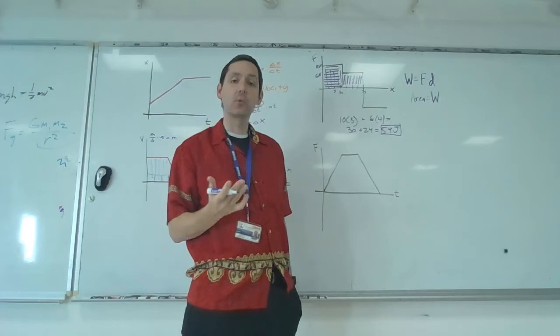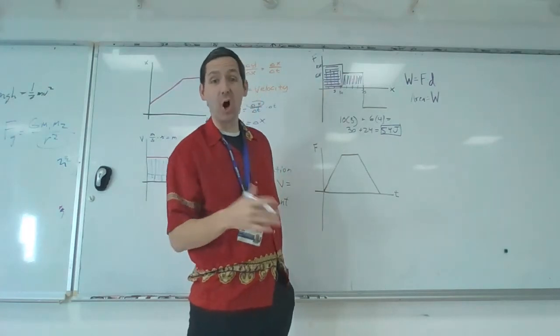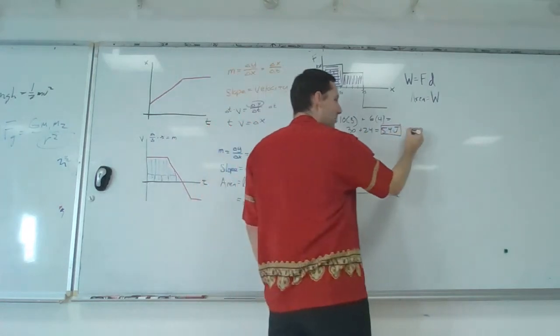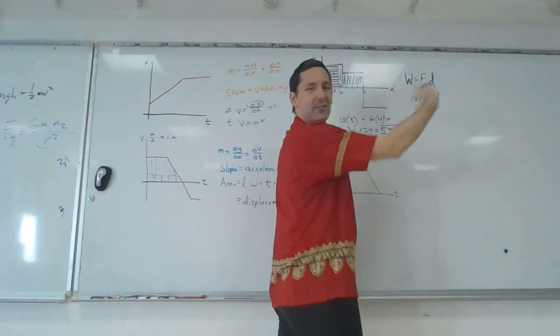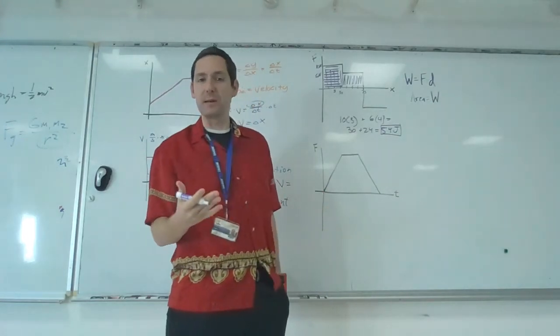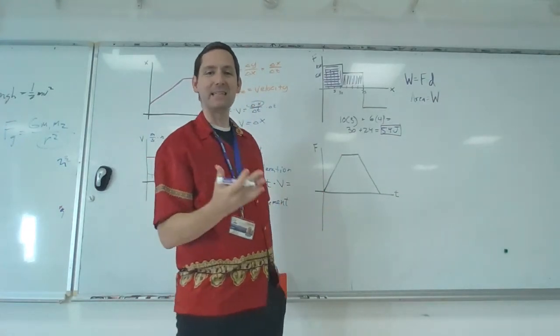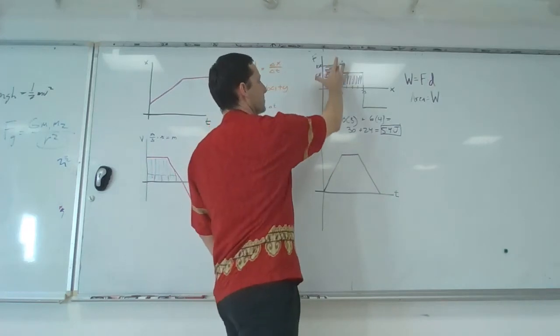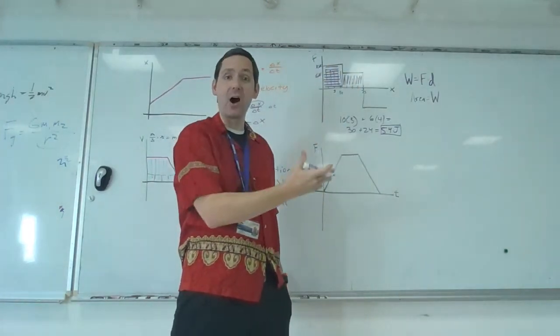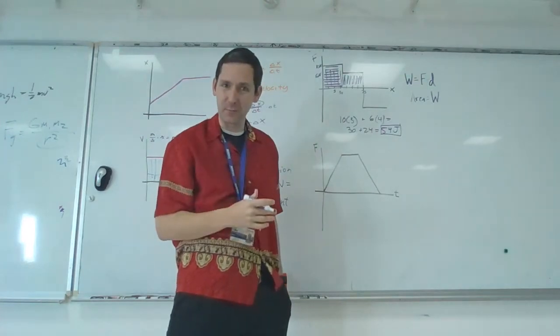Now, why is that important? Well, if I know that all of that energy goes to kinetic energy, I can now connect this equal to 1/2 mv squared, and I can figure out the speed of the object, right? That's something that we wouldn't have been able to do before. But this idea of being able to use a graph with some changing forces, lots of information, we can now find other pieces of information.